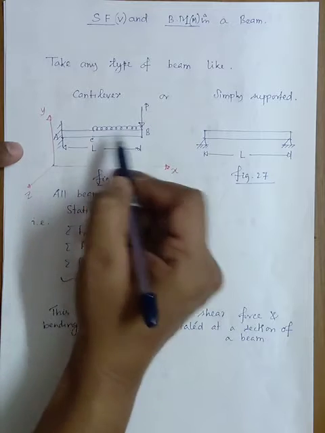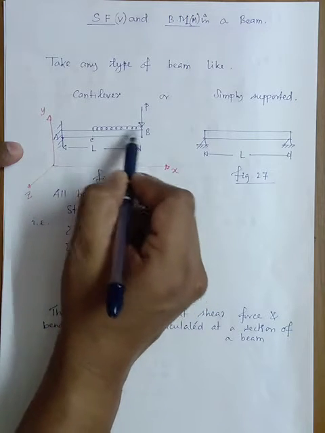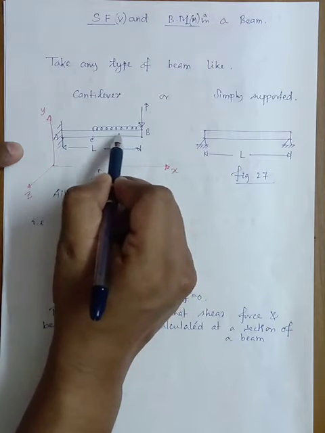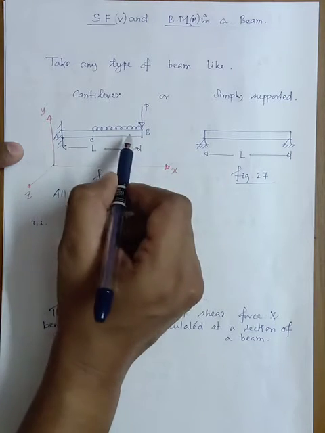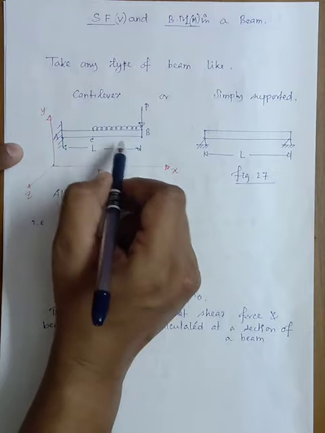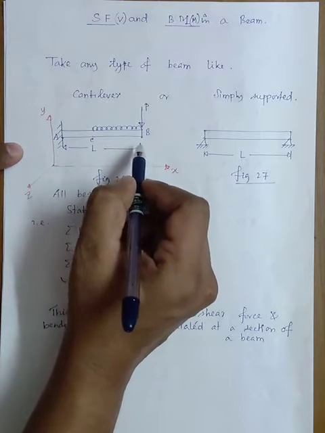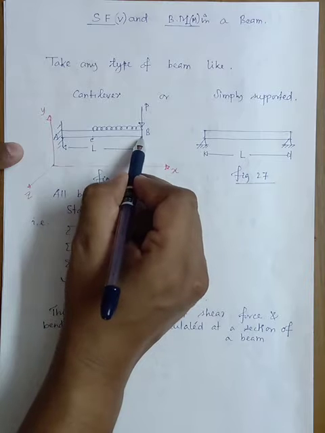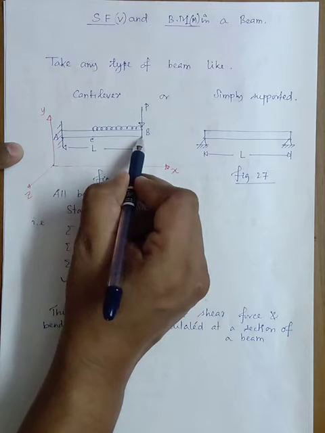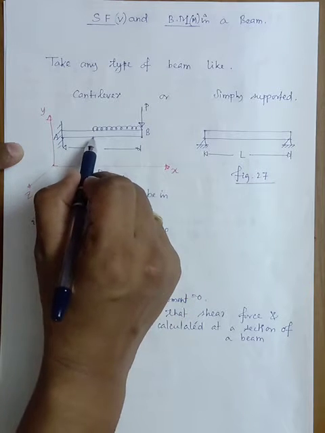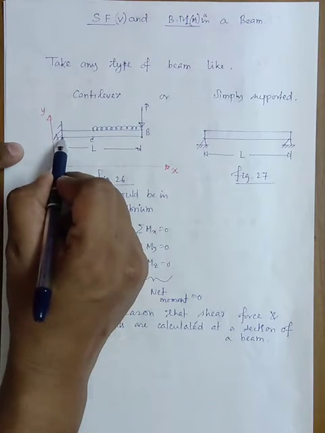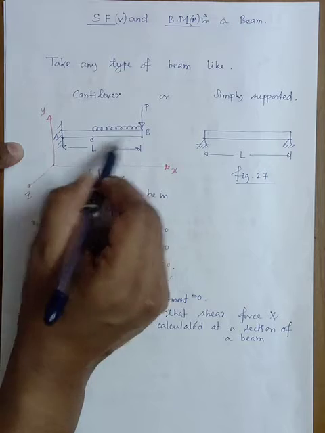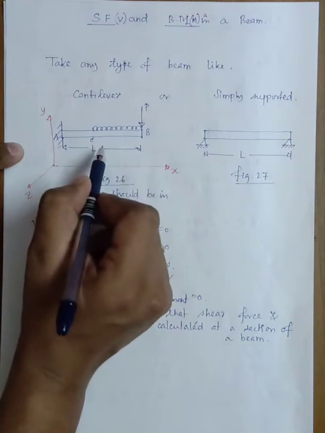Due to this load, there will be generation of shear force at each of the points on the beam. If you follow some procedure, you can find out the shear force and bending moment value at the distinct points B, C, and A.